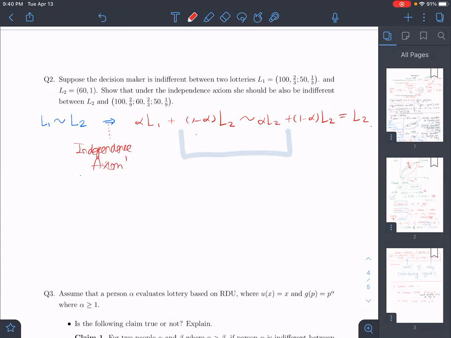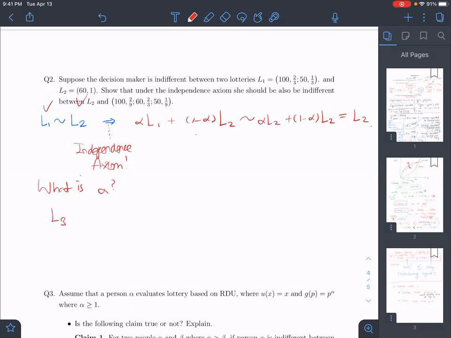If I'm indifferent between two lotteries, L1 and L2, and a third lottery kicks in, and I mix L1 and L2 respectively with the third lottery, then that shouldn't change my preference ordering. That's the independence axiom. Then what is alpha? That is the question. So how should we mix L1 and L2?